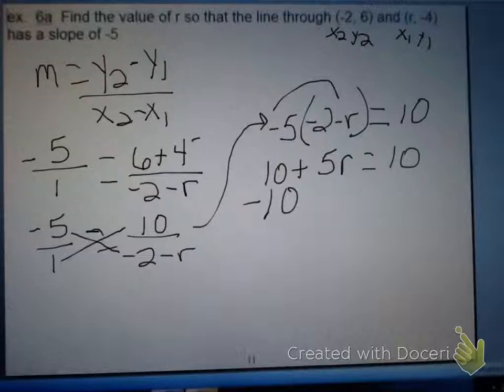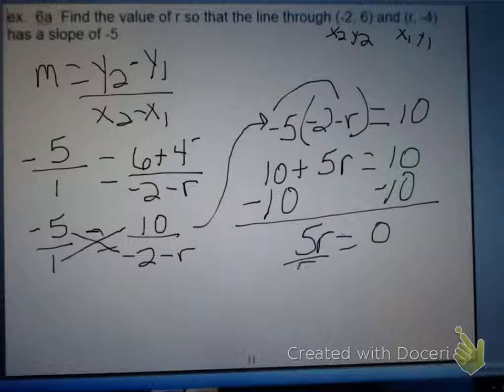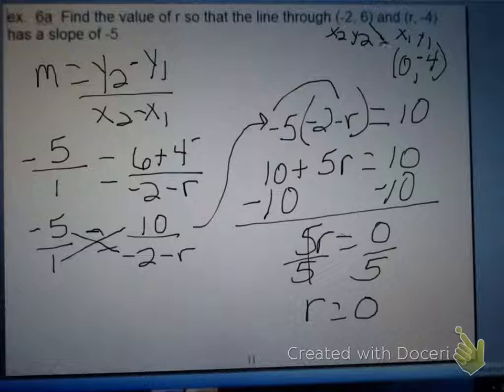Subtract 10 on both sides. So that's 5r is equal to 0. Divide both sides by 5. r, 0 divided by anything is 0. So my point turns out to be (0, -4). Again, I could check this by finding the slope of these 2 points, and when I find the slope of these 2 points, I better get negative 5.